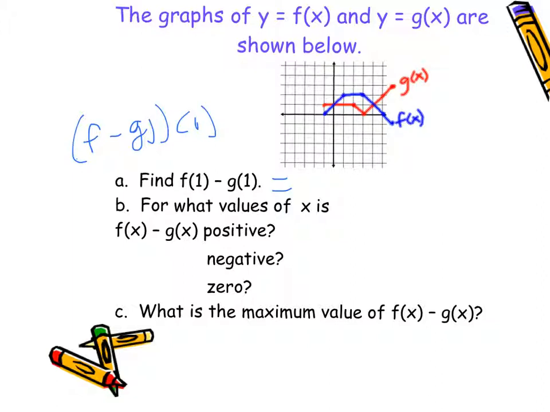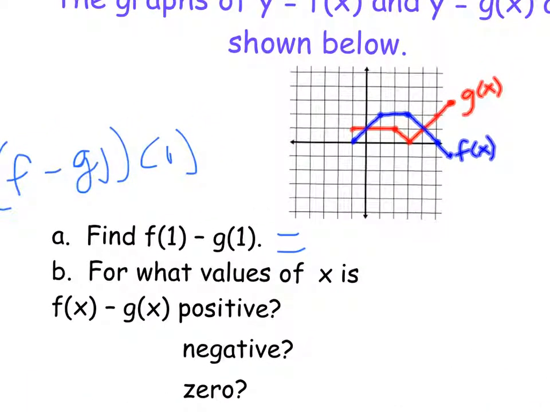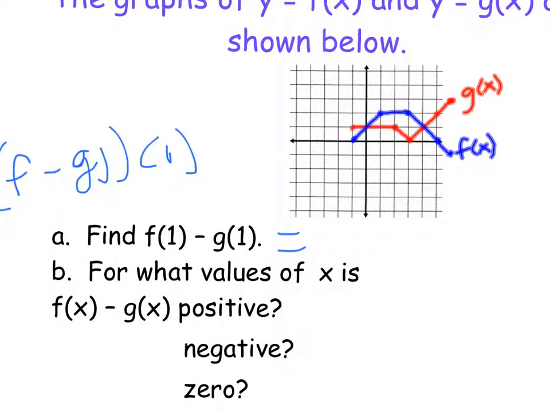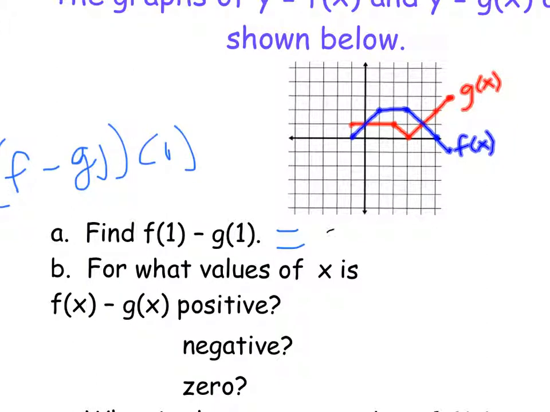And I can see from the graph here, I'm going to zoom in a little closer. F of 1 appears to be 2, okay? F of 1 looks like it's 2. That's the y value at that point, all right? G of 1 is right there.